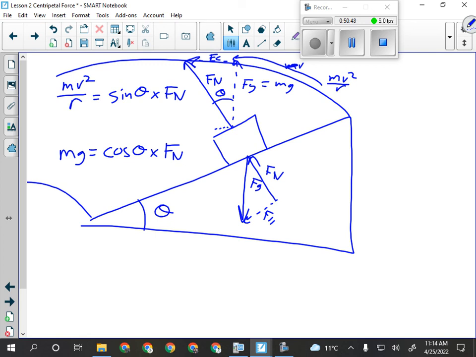This angle is based on this side divided by this side. Opposite over adjacent would give me this angle. Opposite over adjacent is tan of theta. That's going to be mv squared over r divided by m times g.